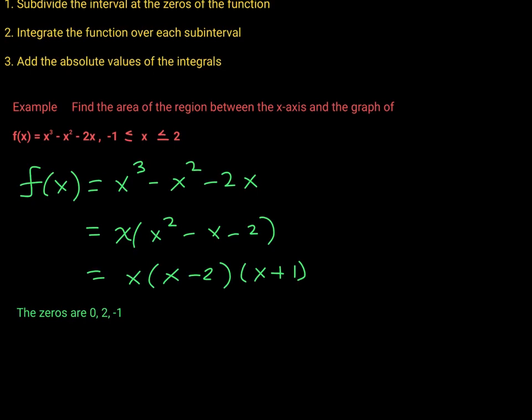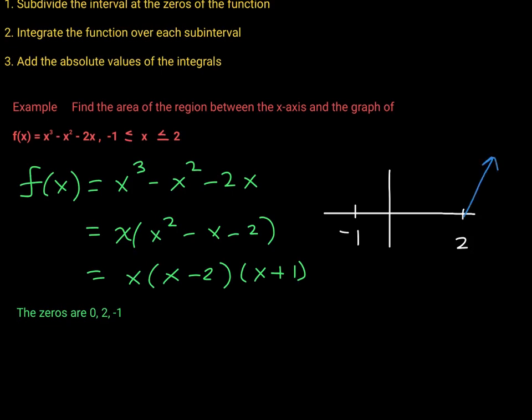To give us an idea of what the graph looks like, I'm going to draw it really quick. We do know it goes right through the origin because 0 is an x-intercept, or a zero of the function. And we know the end behavior because it's an odd degree with a positive leading coefficient. So if this is negative 1 here and this is 2, then the function is like this.